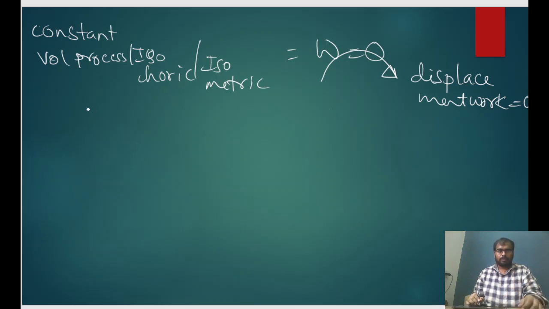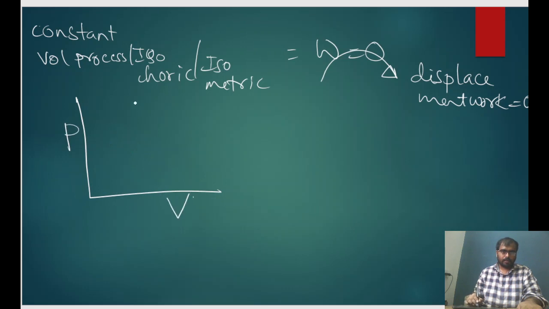Okay, another concept is how to find this work done. One simple trick is there: draw the PV diagram. For a constant volume process, it comes like this.